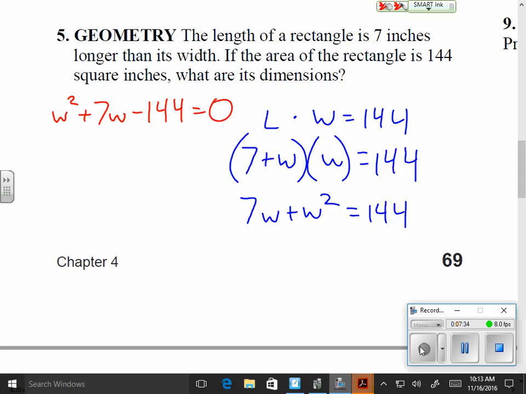And then I'm going to try to factor it. So I need two numbers that will multiply together to give me 144 and have a difference of 7. So as I start to factor W squared plus 7W minus 144, we need the calculator's help a little bit.